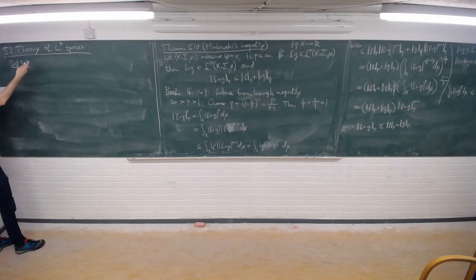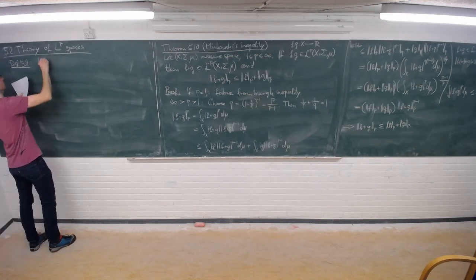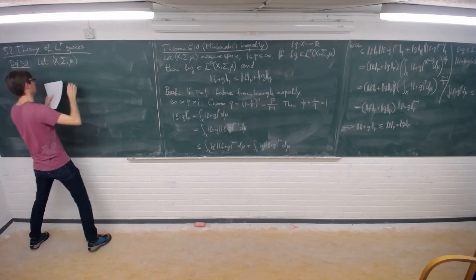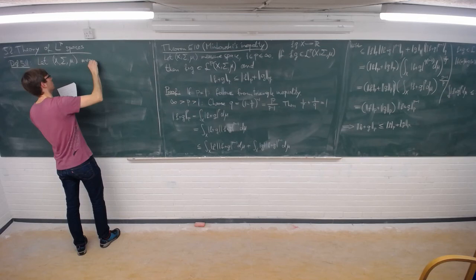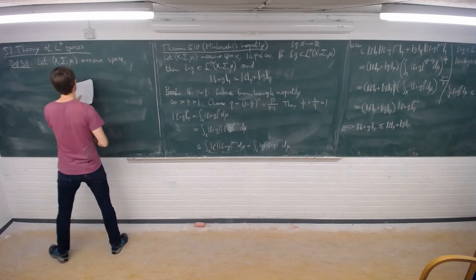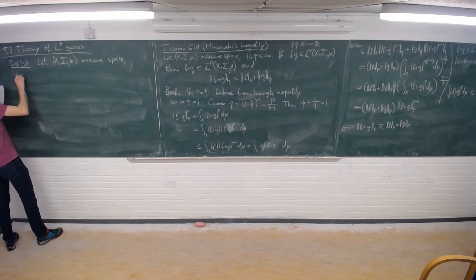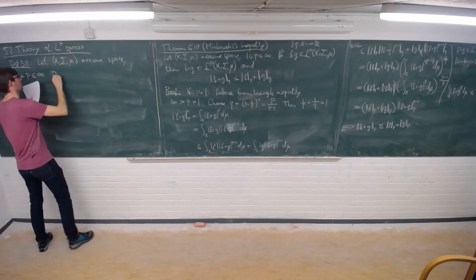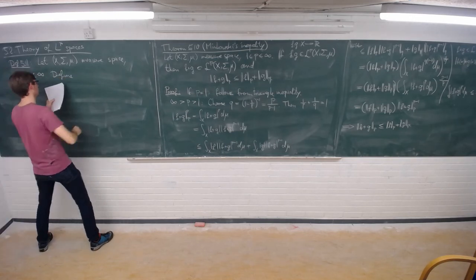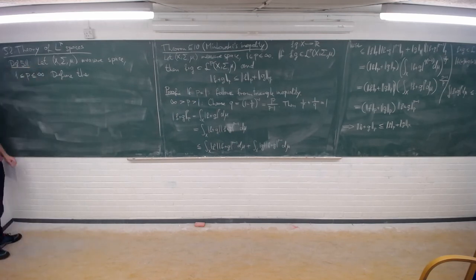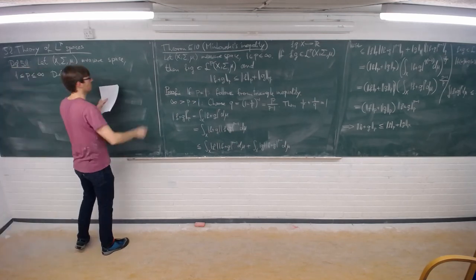Yeah, and the first definition introduces these spaces. So let (X, sigma, mu) be a measure space, and p between 1 and infinity, and now we introduce an equivalence relation on these L^p spaces.